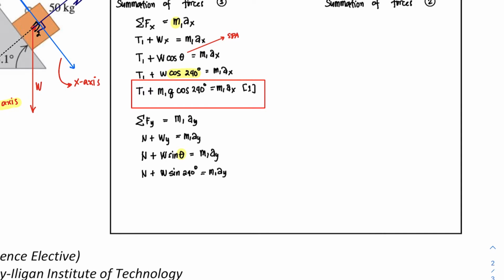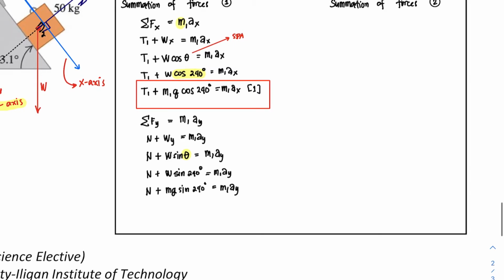So your N will just be like that, N plus, W is mg, sine of 240 degrees is equal to m1 acceleration along the y-axis.